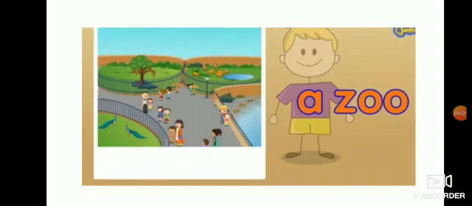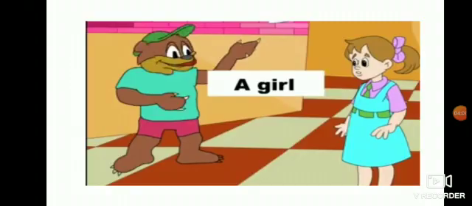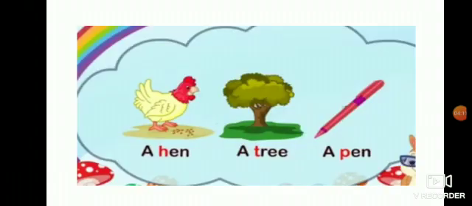A bus, a zoo, a girl, a hen, a tree, a pen. See, H, T, P: the noun starts with a consonant, so we have to use a.